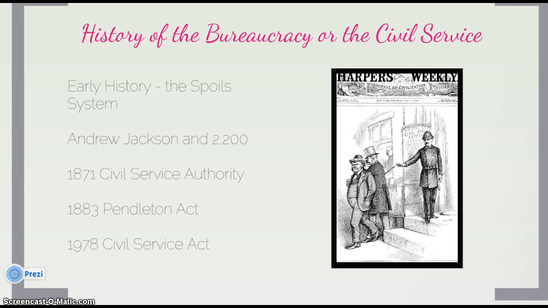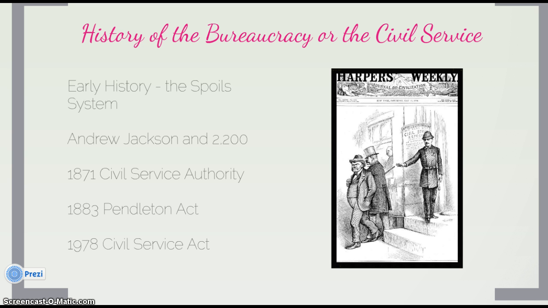If you remember Marbury versus Madison, that Supreme Court case that established judicial review, Marbury had been appointed as a judge in Washington, D.C., but was denied his position. Early on in the history of the nation, having a government job was a stable and steady source of income.